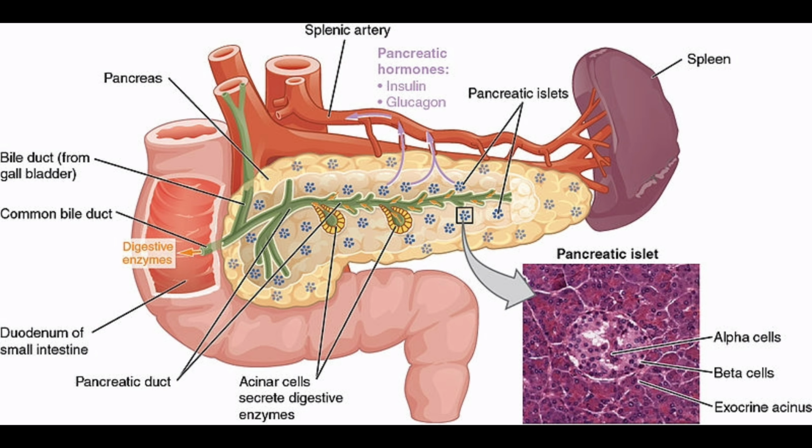So let's discuss what goes wrong in this system in order to cause type 2 diabetes. What happens is an unfortunate feedback loop or unfortunate cycle of cells becoming resistant to insulin. And essentially what that means is that the cells will require a higher amount of insulin in order to open those glucose transport channels.